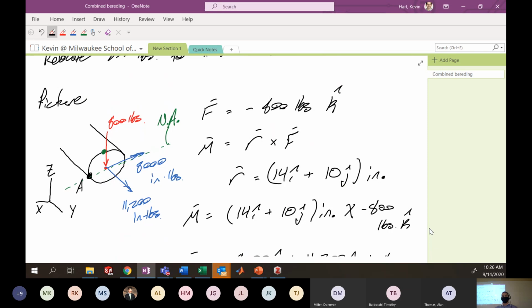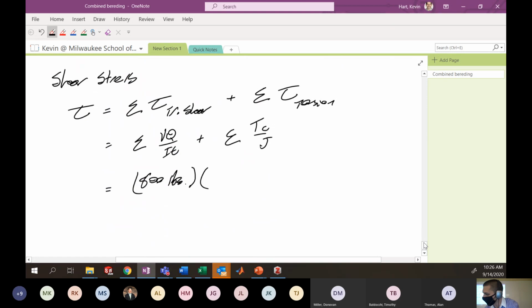Remember this Q is the first moment of area. We talked about this. As a sidebar, Q is y bar prime A prime. This is our general equation, where A prime is the area of interest above the line that is defined by the thickness of the piece at the point of interest.